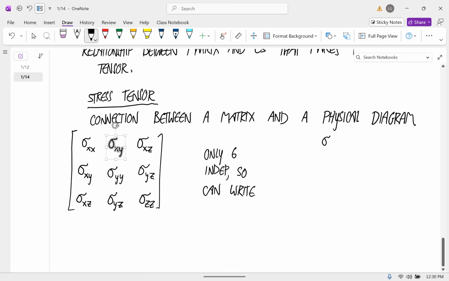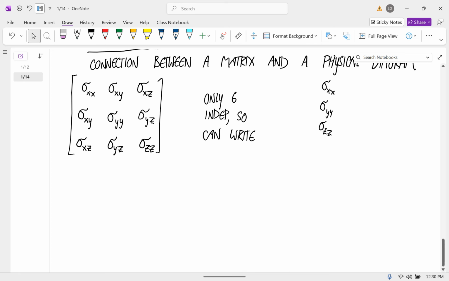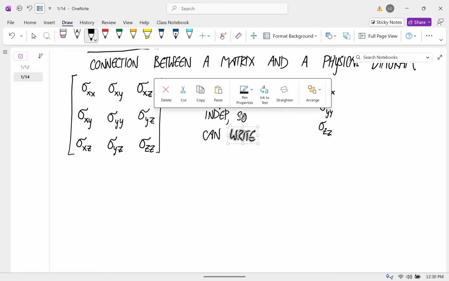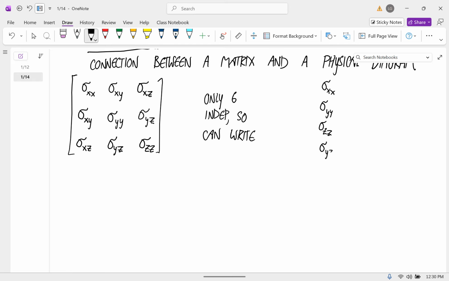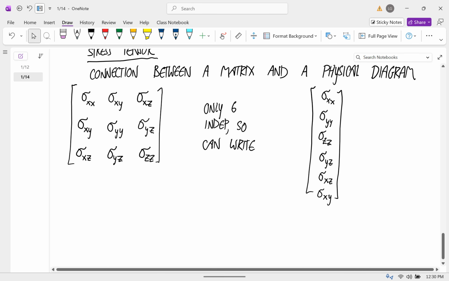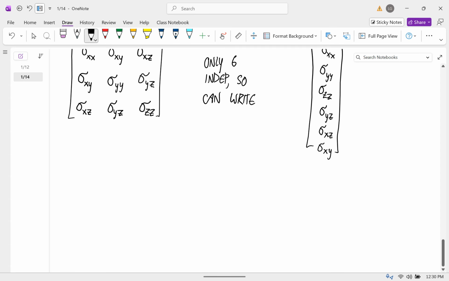I'll do it in the order sigma XX, sigma YY, sigma ZZ, and then, in an order that seems odd, sigma YZ, sigma XZ, sigma XY. And now the physical diagram is this. So we have a cube.